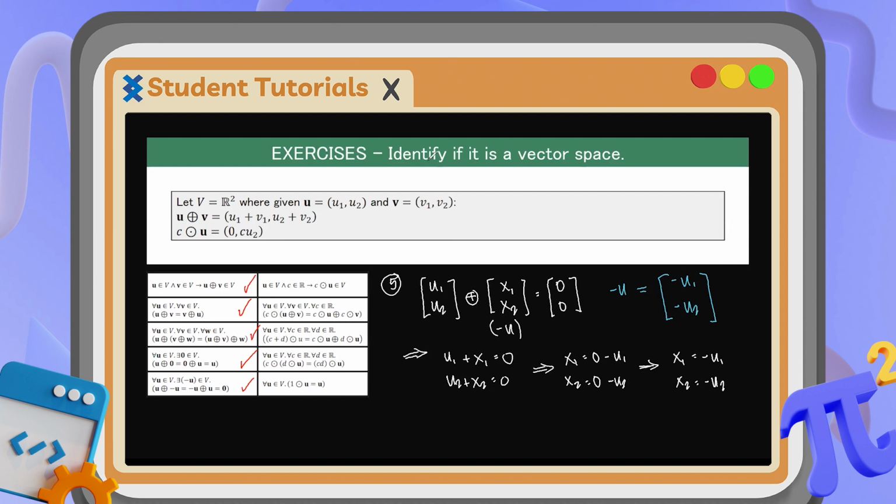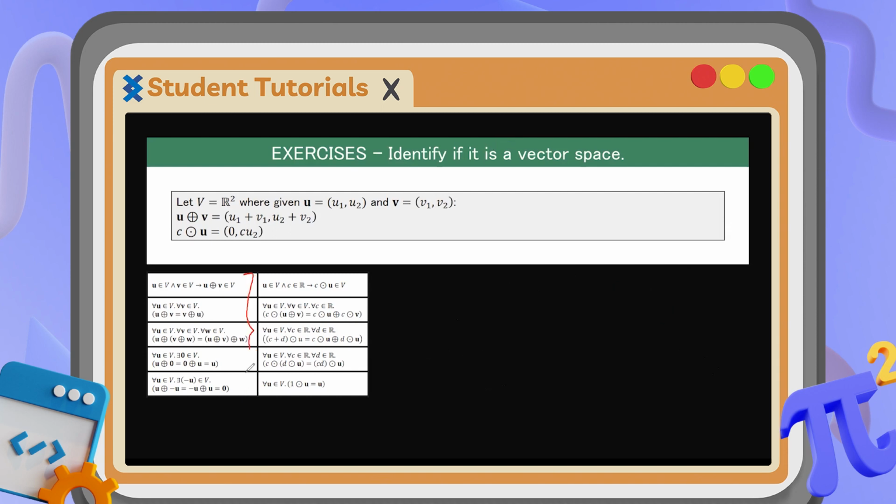Next, we have the scalar multiplication properties. We've now tackled all 5, and we have seen that it has satisfied all properties so far. So now we investigate further the scalar multiplication properties. We want to find out the closure property of scalar multiplication.